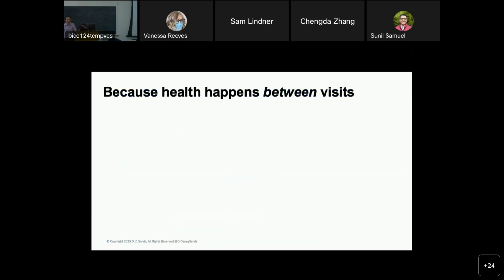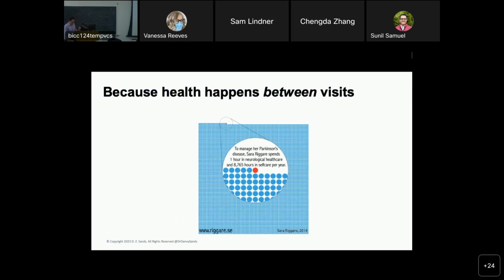And the best example of this, oh, sorry, I'm going to show you this first. This is an example of why this is important. Okay, this is a graphic that was designed by a designer who has Parkinson's disease. She lives in Sweden. Her name is Sarah Rigara. And Sarah put together this image, and let me just explain it to you. What looks like a big blue box is actually a lot of little blue dots.